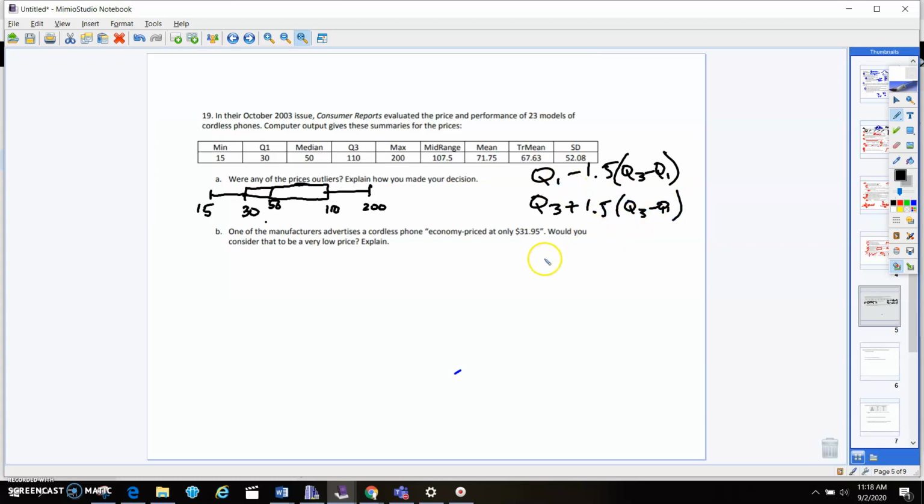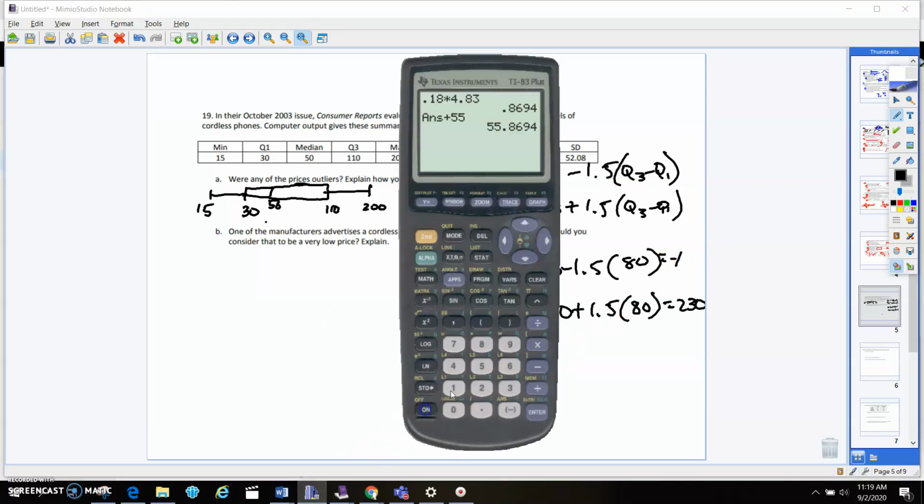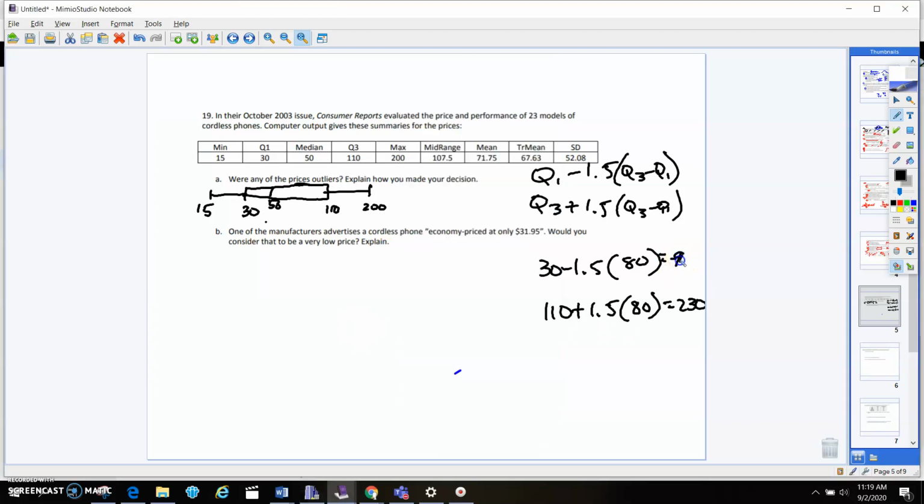So that's going to be 30 minus 1.5 times 80, and then that's also going to be 110 plus 1.5 times 80. And that's going to give me 230 here. And over here, I'm going to plug this into my calculator. I've got 30 minus 1.5 times 80, and that's going to give me negative 90.